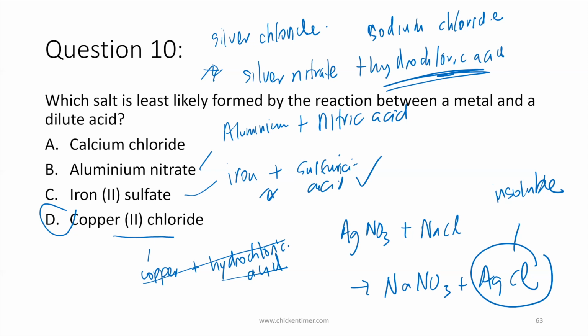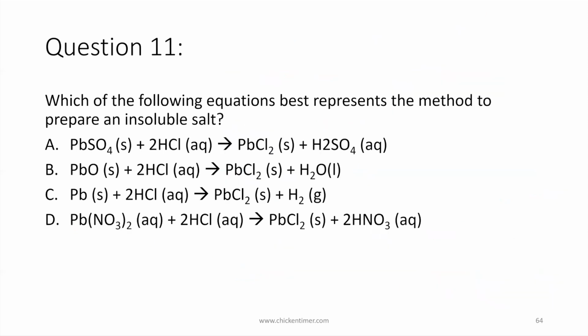So it's not always metal and acid. Okay? And I know this preparation of salt section is very confusing for most people. That's why I have a lot of practice questions for this one. So answer is D here.